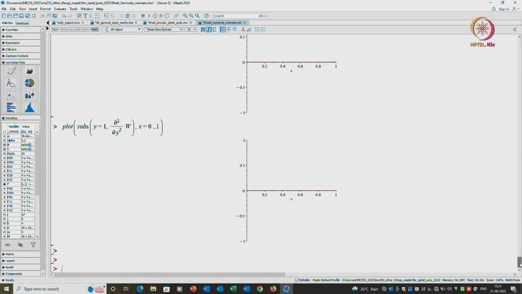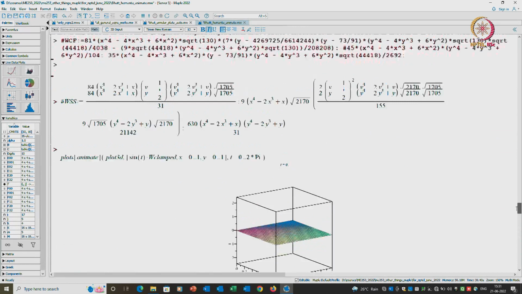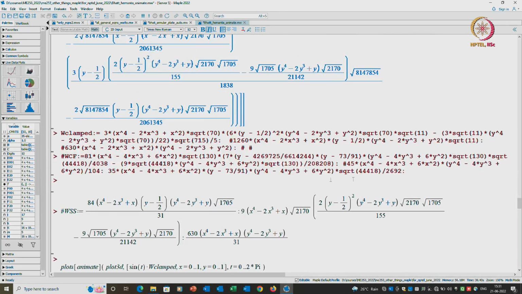Okay. So let us now take the clamped free. I will comment this one.